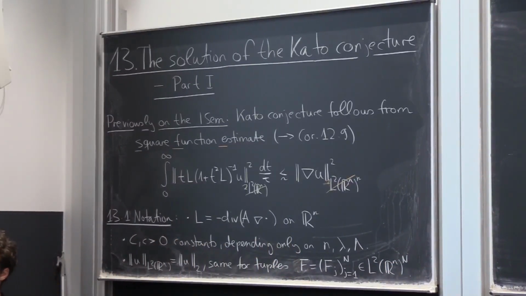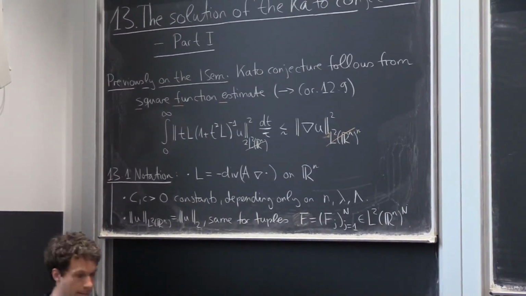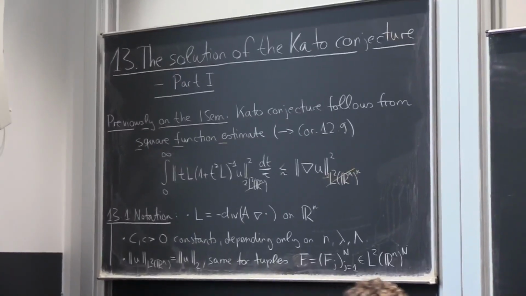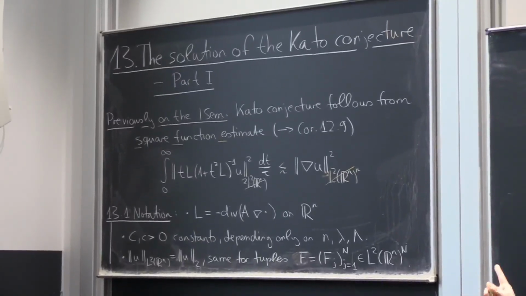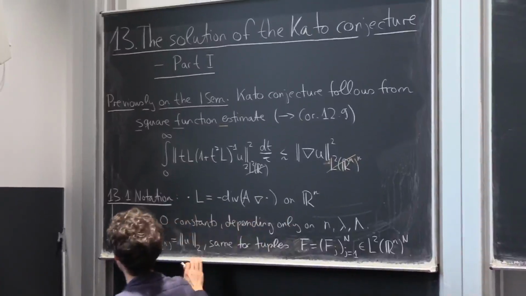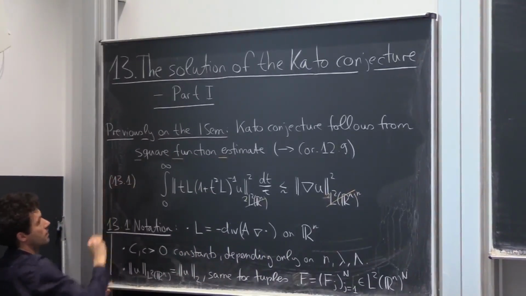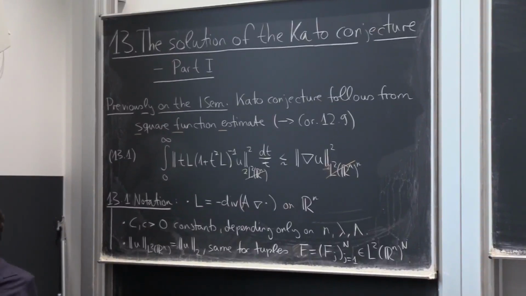It's just that I have said it once, and I'm going to remove it from the notation when it doesn't matter. All right, so when you look at this square function estimate, I think it's equation 13.1 in the lecture notes, just from the aesthetic point of view, there's something that is disturbing me in this estimate.